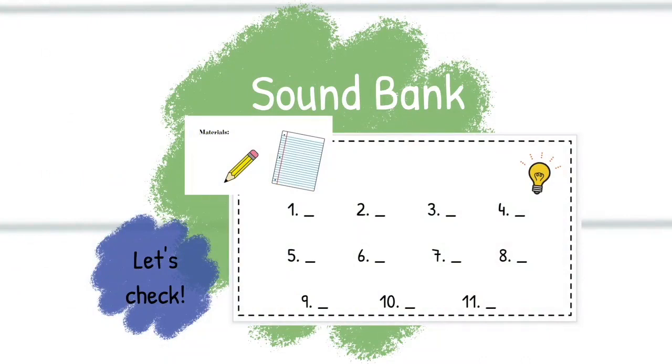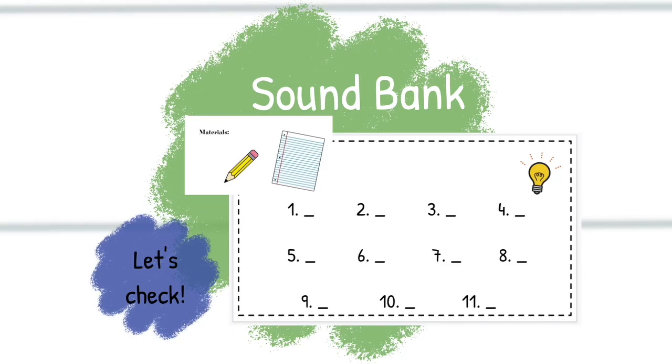The first sound is ang. Ang. Number 2 is s, like snake. 3, wh, like whistle. 4, ch, like chair. 5, th, like thumb, or th, like this. So that's only one sound.